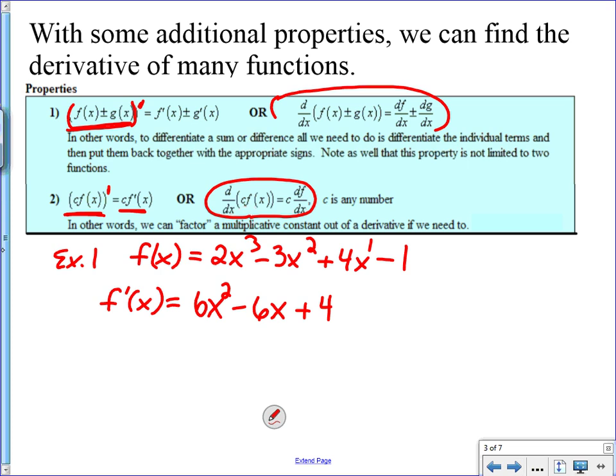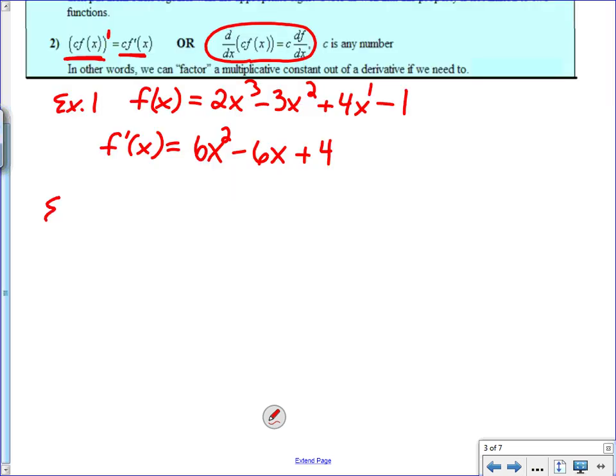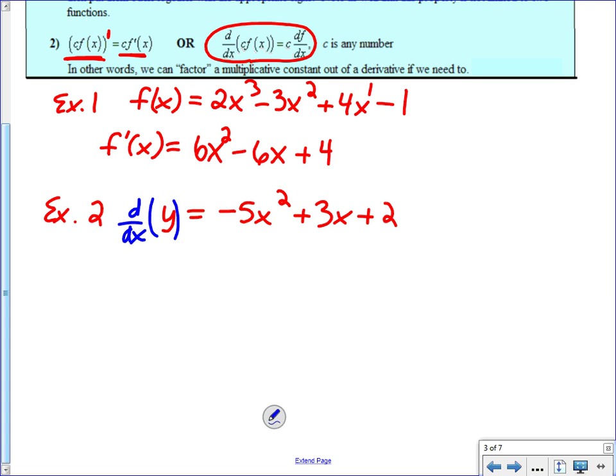Let me show you another example where we're really going to break it apart so you can kind of see how this works. Let's say we have y equals negative 5x squared plus 3x plus 2. Okay, we're going to use our derivative operator, the d over dx. Basically, we're going to find the derivative of each side.